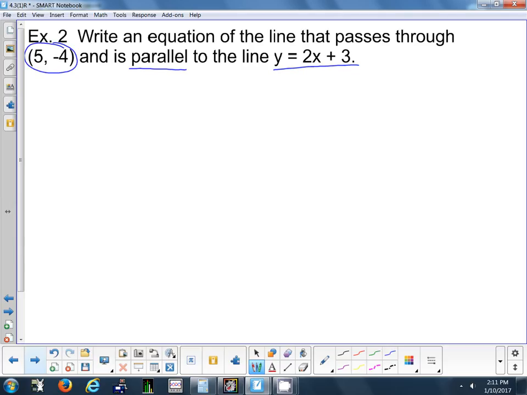Okay, so we have to find an equation that would go right through this point, and it's parallel to that line. All right, so, and they didn't say how to do it. They didn't say use point-slope form or slope-intercept. So maybe the first one, let's get it out of the way. On this one, we'll do it the long way, and then that's the only one we'll do the long way.